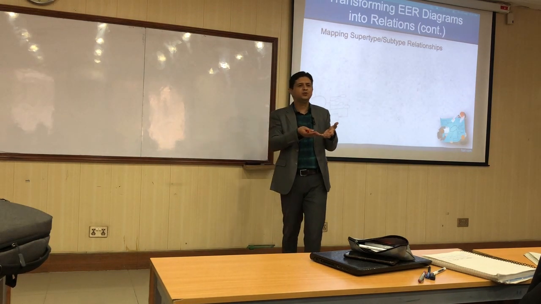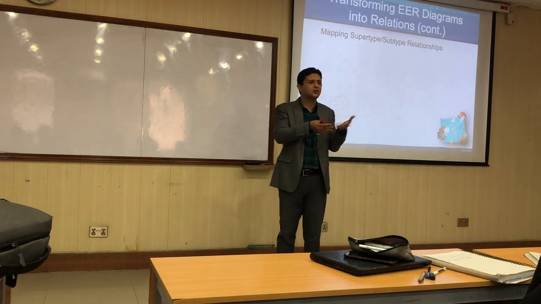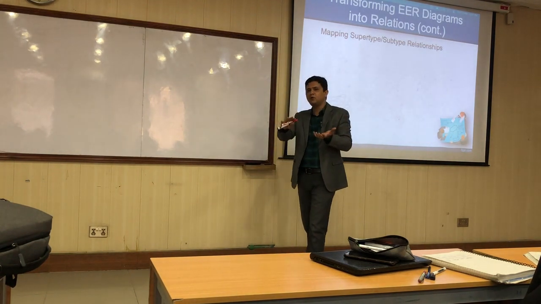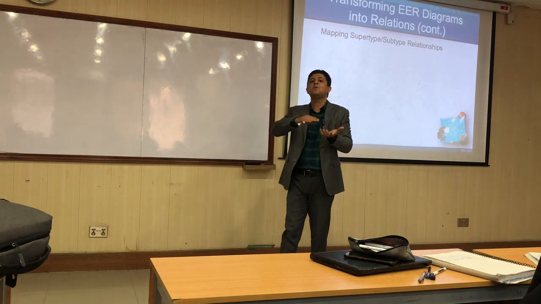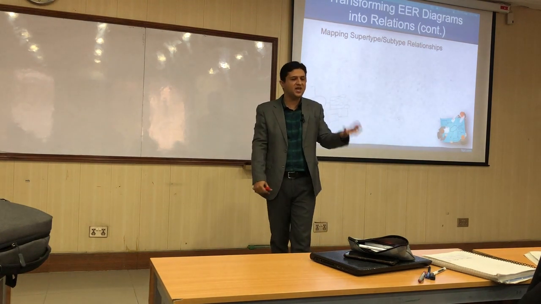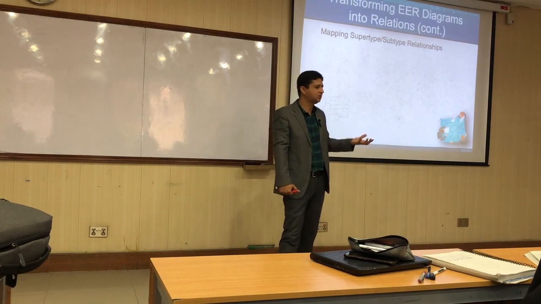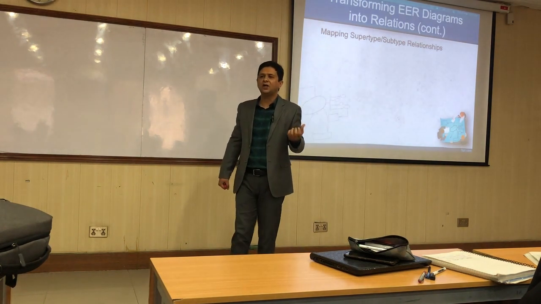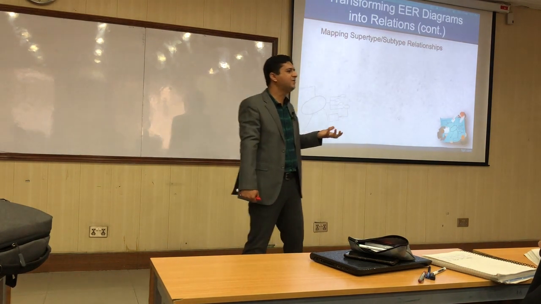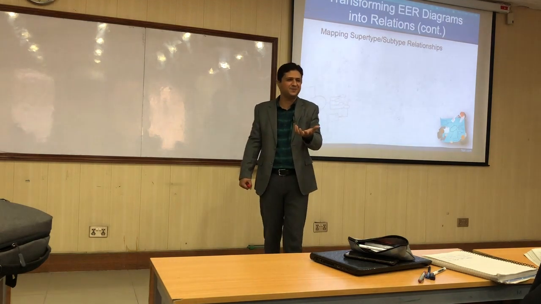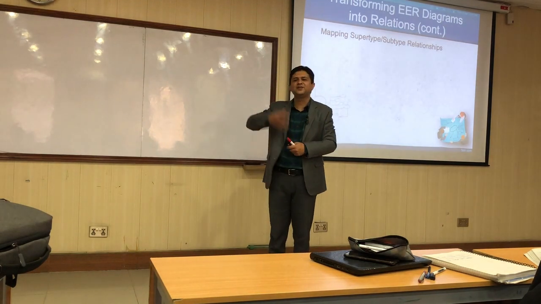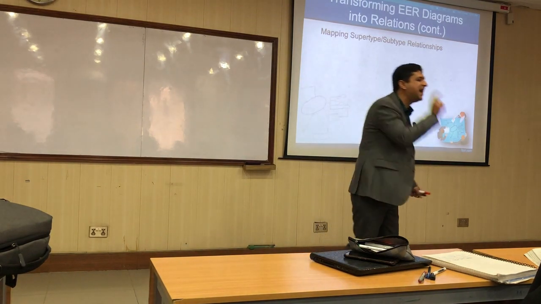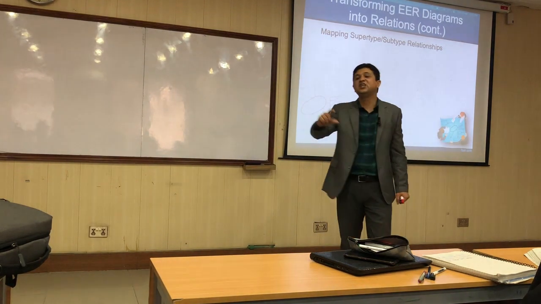The supertype attributes will become columns of the relation representing that supertype, and all the attributes of the subtypes will become columns in the relations representing those subtypes. The only addition would be that because there is no primary key in the subtype, the primary key is with the supertype. That primary key would also be added to all of the subtypes.